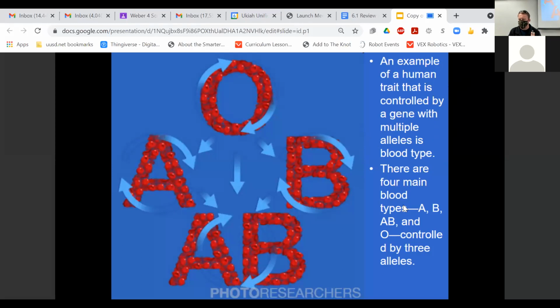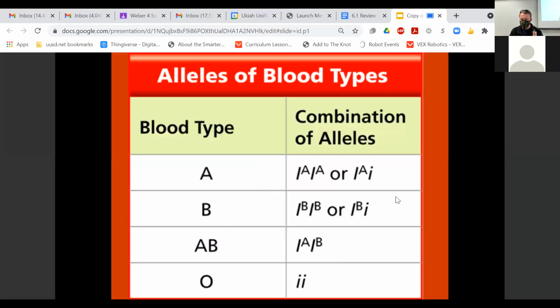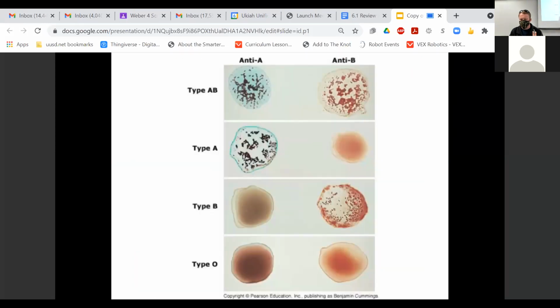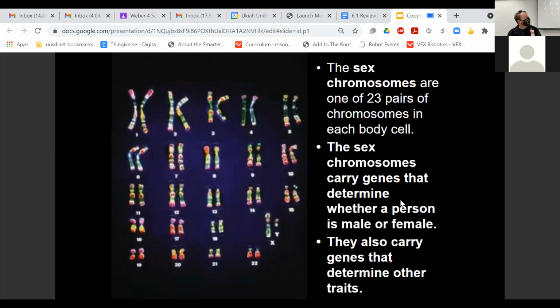There are four main blood types: A, B, AB, and O. But these also have variants with an Rh factor, plus or negative. Okay, the next one. Unfortunately, you have to write all of these down. Write them all down, take your time.